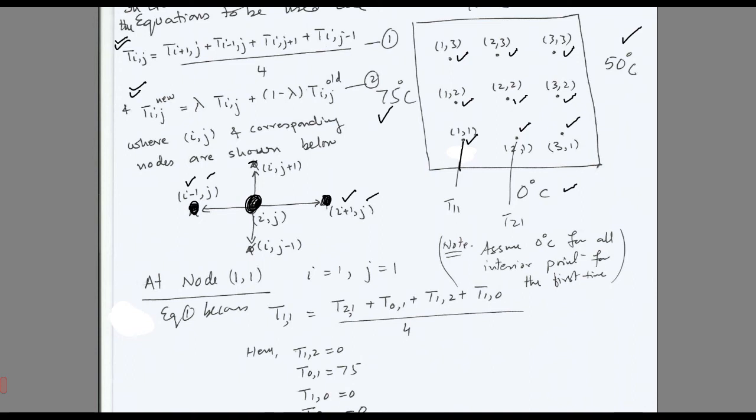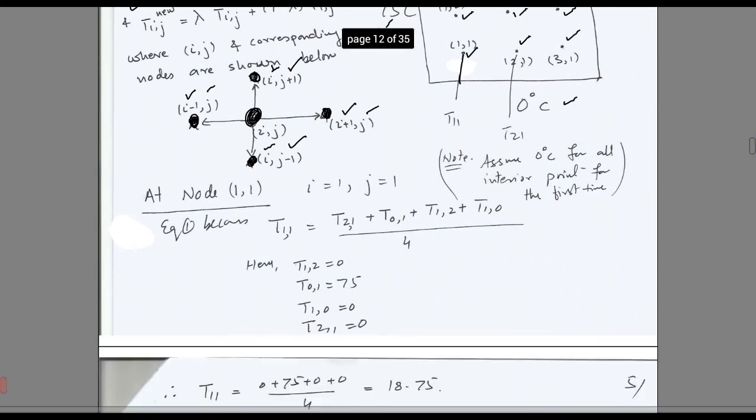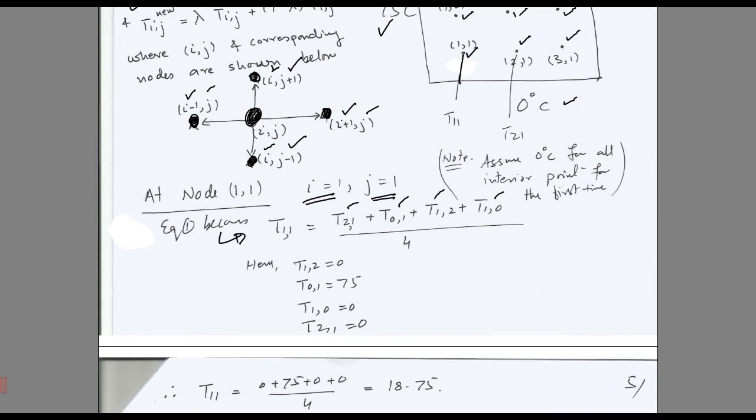If I go up, I'm standing on the same i and moving to j plus 1, and if we move down it will be the same i, but j minus 1. So at node 11 we have i equals 1, j equals 1, and the equation becomes T21 plus T01 plus T12 plus T10 over 4.